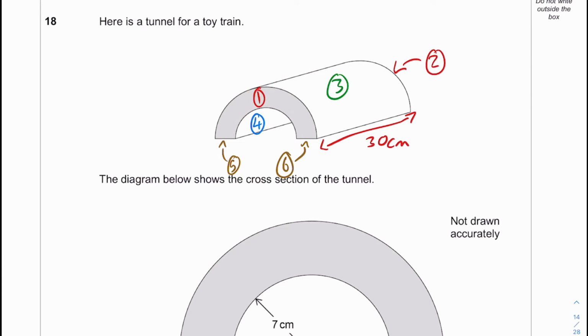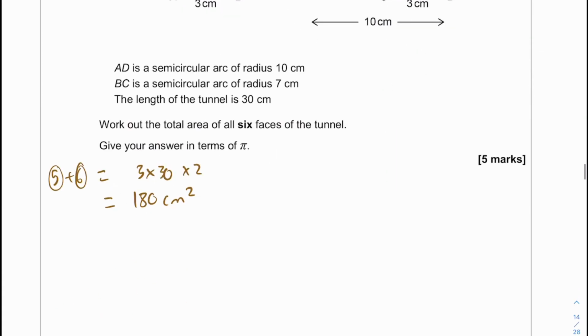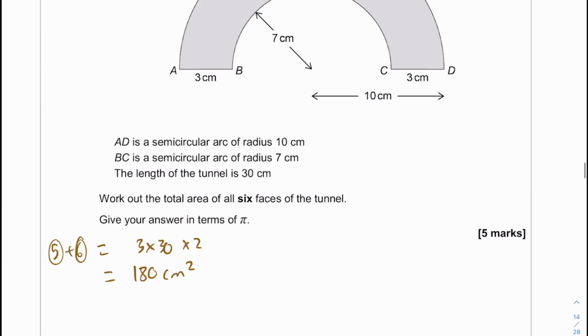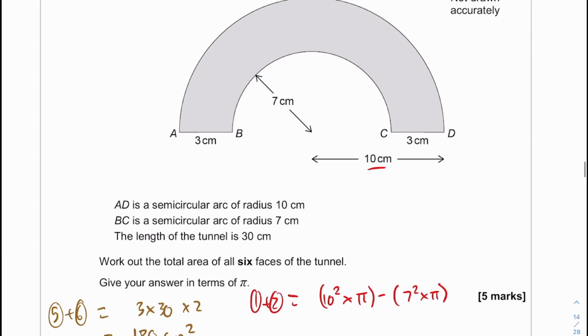So to work out the area of our big circle, right, 1 and 2 is equal to our big area, which has got a radius of 10, so 10 squared times pi, and then we take away our smaller area, which is 7 squared times pi. Okay, and we've got 2 of these, so we need to multiply our entire answer by 2.